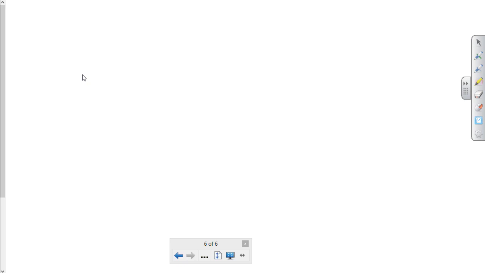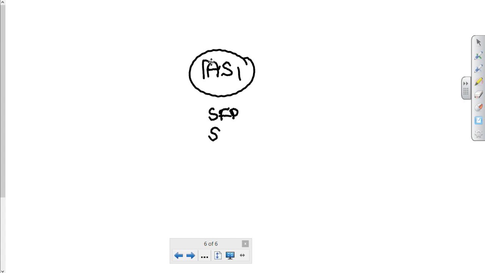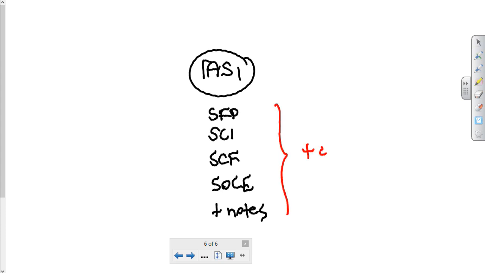Okay, so basically IAS 1 just talks about the fact that our financial statements are made up of a statement of financial position, a statement of comprehensive income, a statement of cash flows, a statement of changes in equity, and notes. It talks about the fact that you need to do all these statements and you need to do comparatives for the statements.